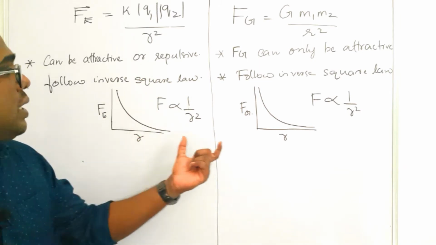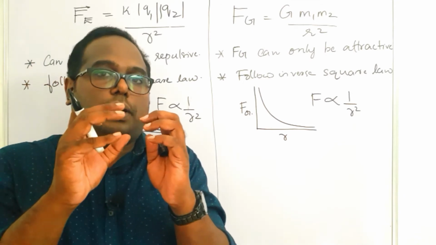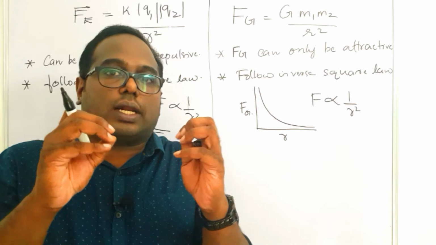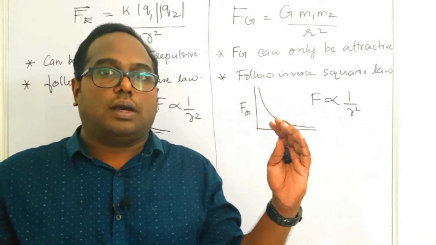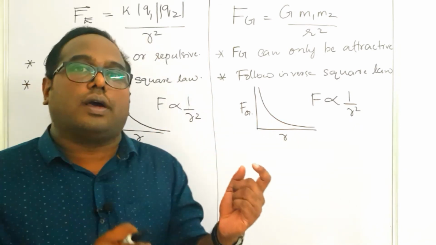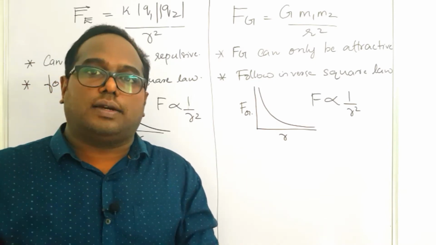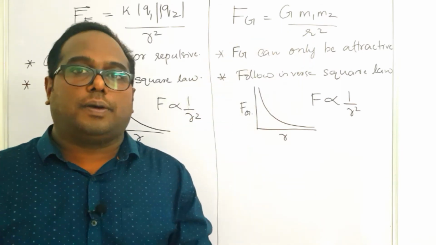You will get a question like this in your board exam: what will be the force when the distance between the charges is doubled? Doubling means increasing the distance, so the force should decrease. If it is doubled, you just take the square. Double means 4 times, so it will decrease by 4 times. Like that you can do such questions.